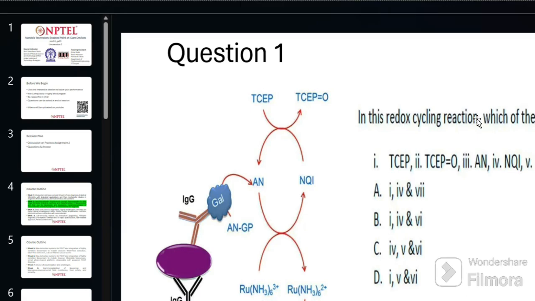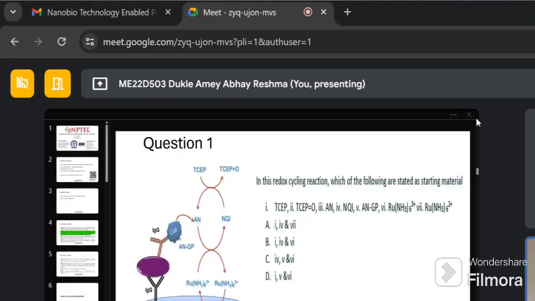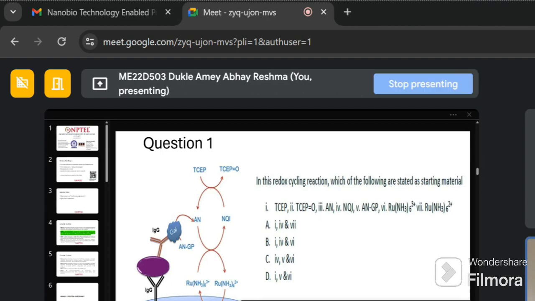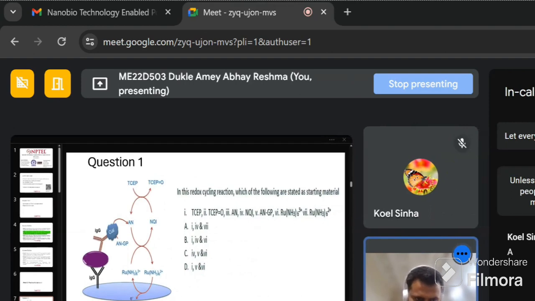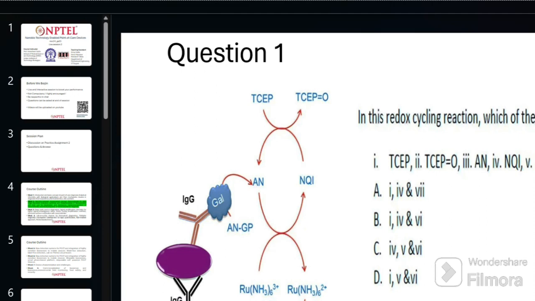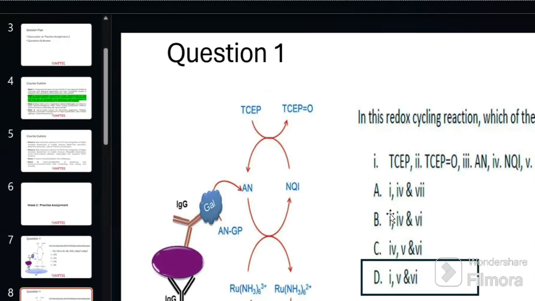Any guesses? No, actually the answer is D, that is 1, 5 and 6.